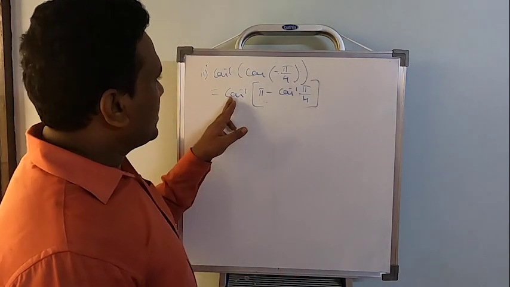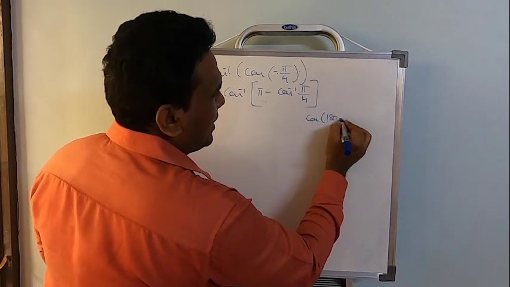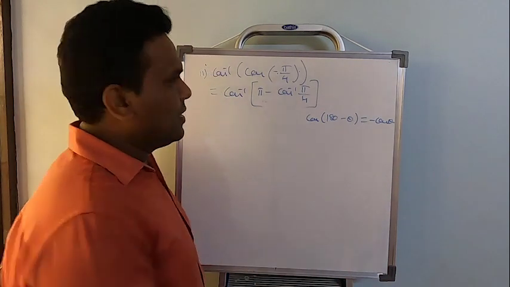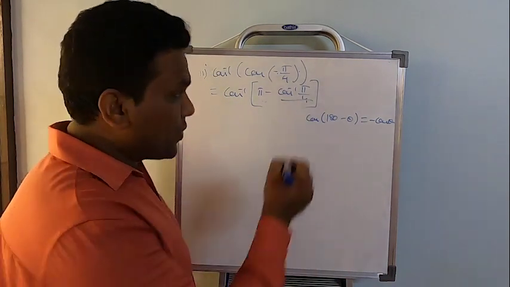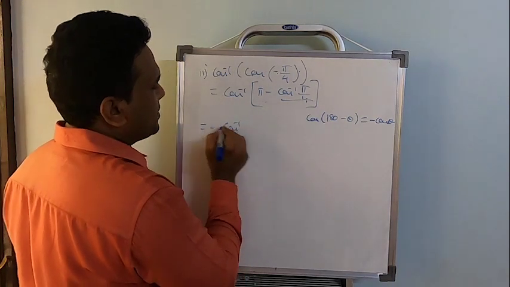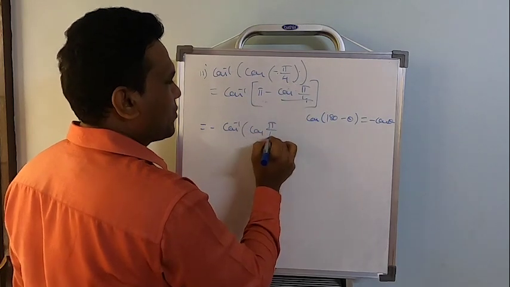Now just look at that. This is in the form cos of 180 minus theta, which is minus cos theta. So this is theta for us now. If I apply that allied angle concept, this will become minus cos inverse cos pi by 4.